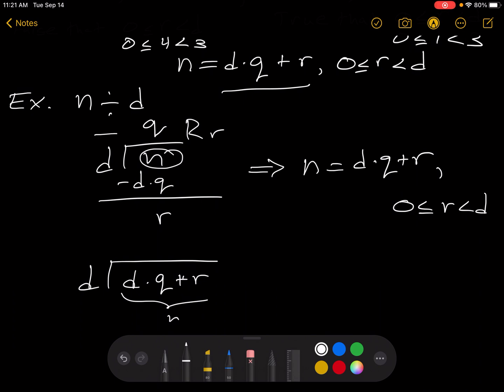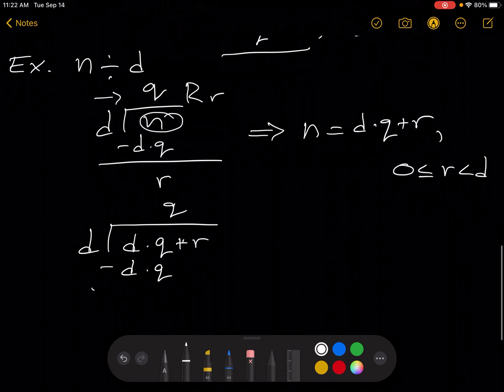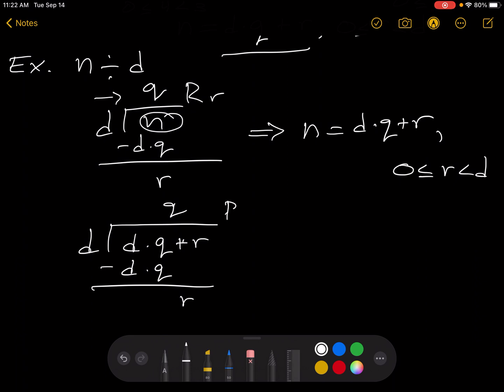Well, we said above that it goes in q times. And look what happens. d times q gives you d times q. Remember, you do this subtraction thing. And so dq plus r minus dq gives you a remainder of r.